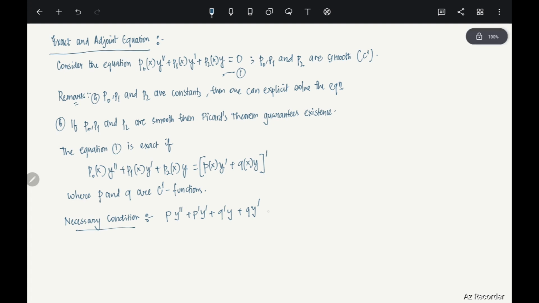Is it okay? So that will equal P0 y double prime. I am not writing x all the time, it is assumed. Plus P2 y.